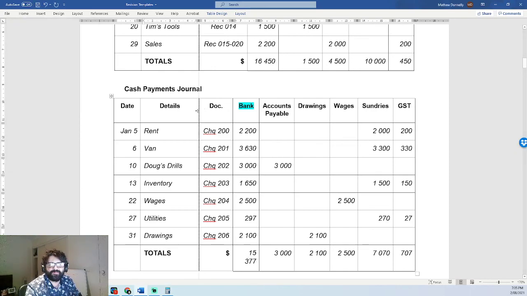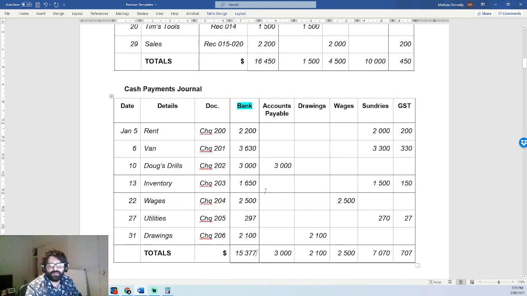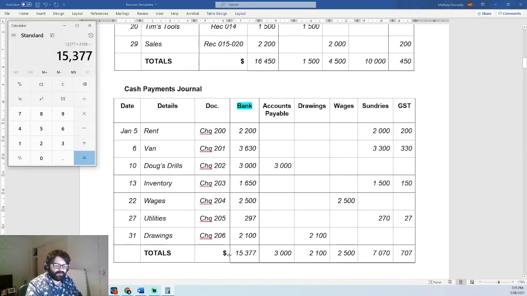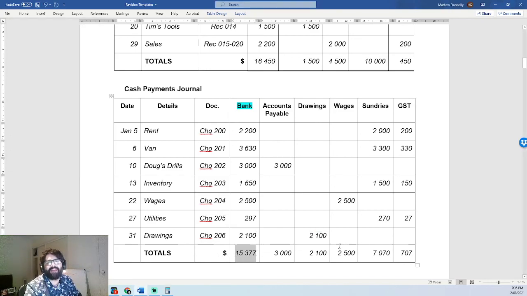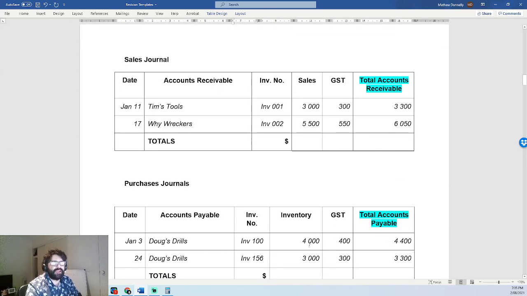And I'm just going to fix it up as we talk, and we see that if I go minus 3000 minus 2100 minus 2500 minus 707, we see 7070, and we see it's 0. We see, yes, everything adds up here. Hooray! And then we rinse and repeat across here.